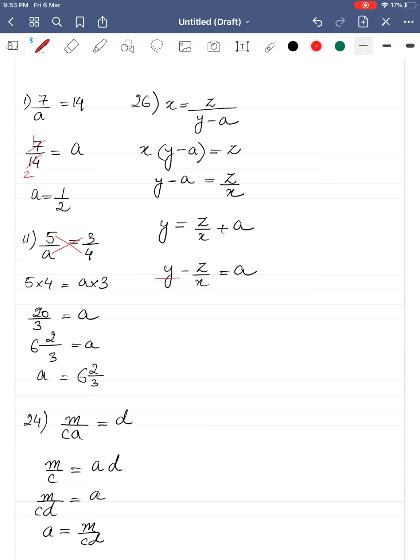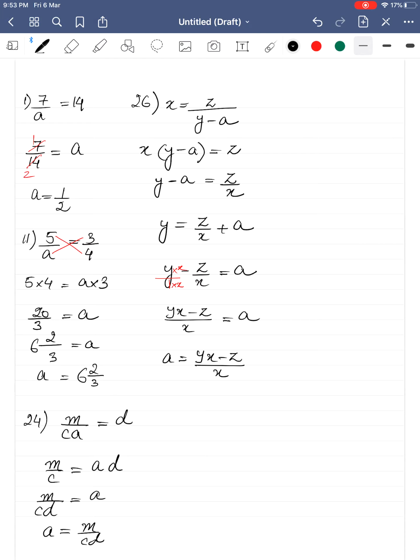We know that if we take the LCM, it will be x. We can do this by multiplying top and bottom by x, and now our answer is yx minus z divided by x is equal to a, and we can rewrite our answer as a is equal to yx minus z divided by x.